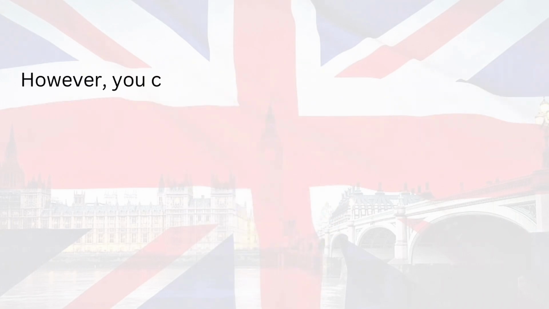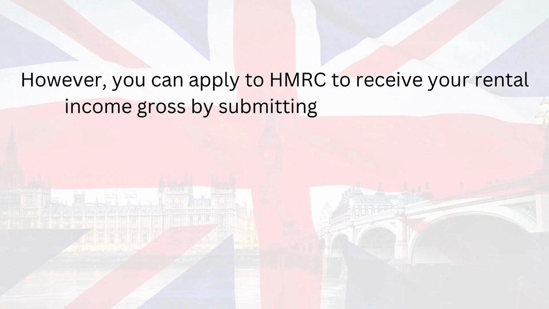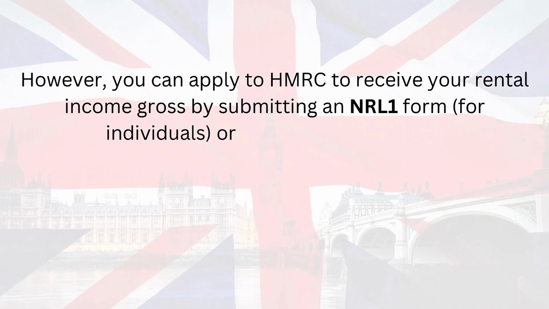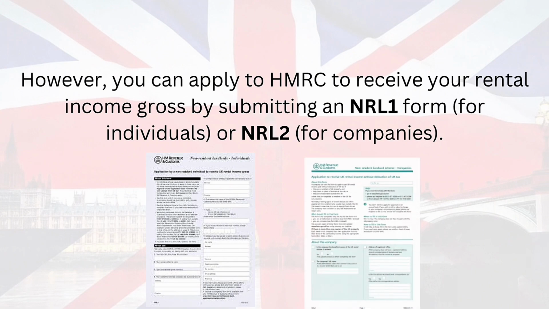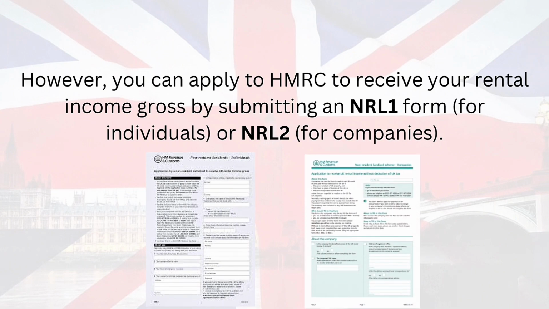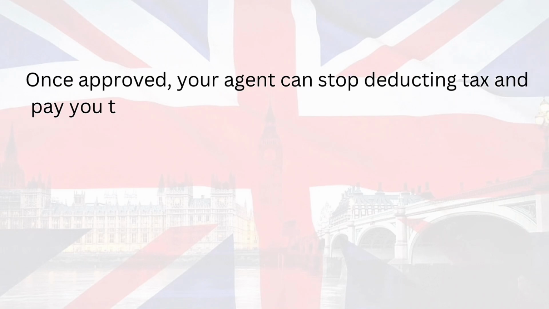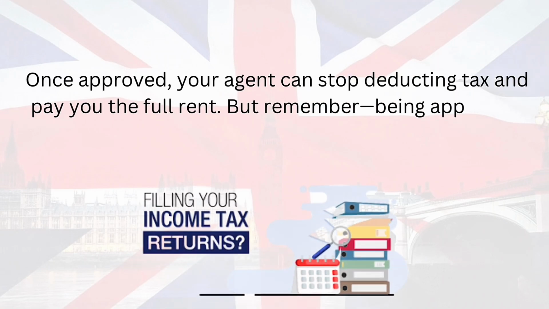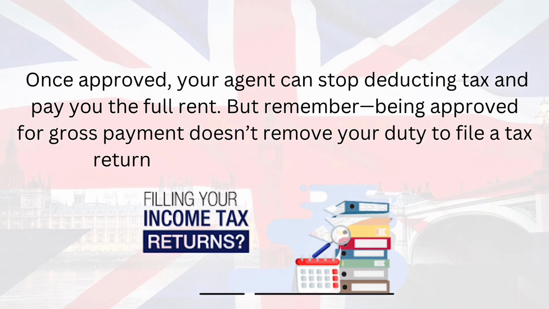However, you can apply to HMRC to receive your rental income gross by submitting a Non-Resident Landlord 1 form, which is sometimes called the NRL1 form for individuals, or NRL2 form for companies. Once approved, your agent can stop deducting tax and pay you the full rent.